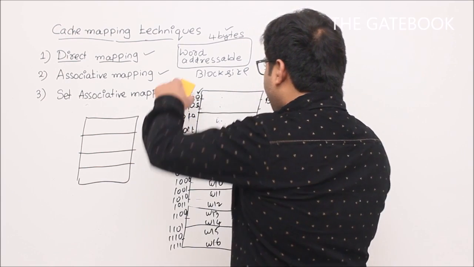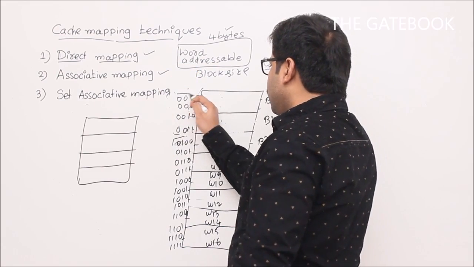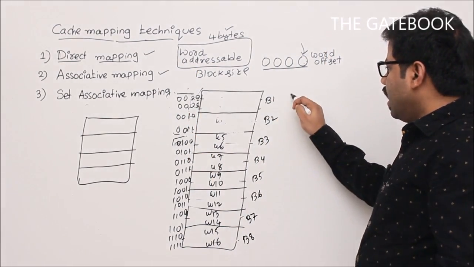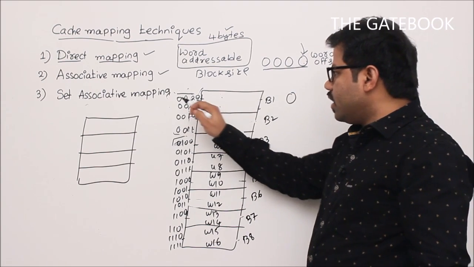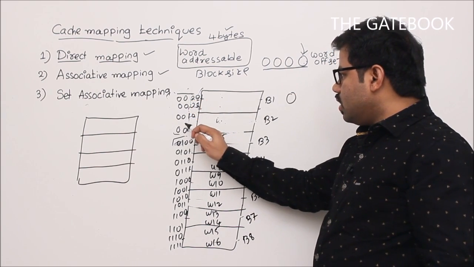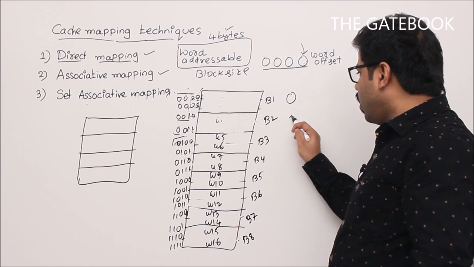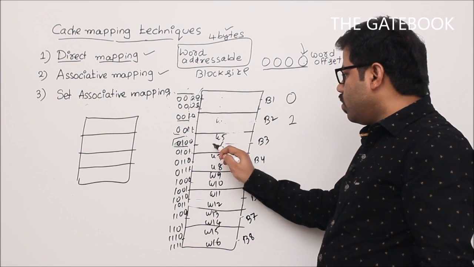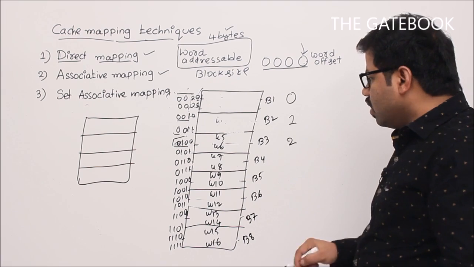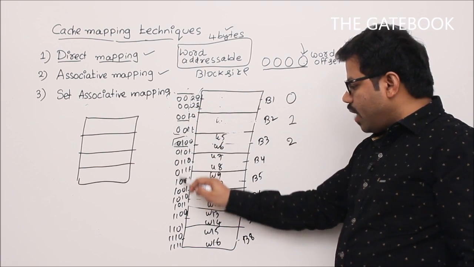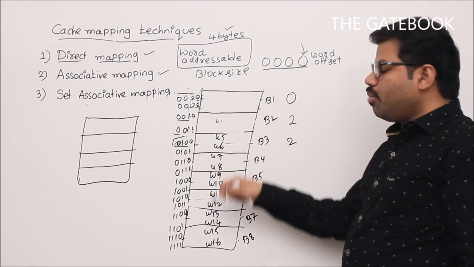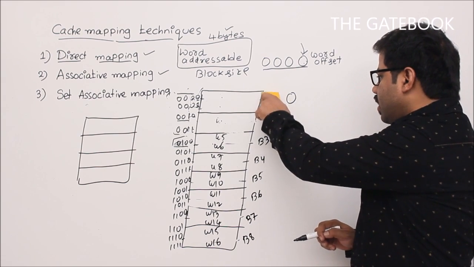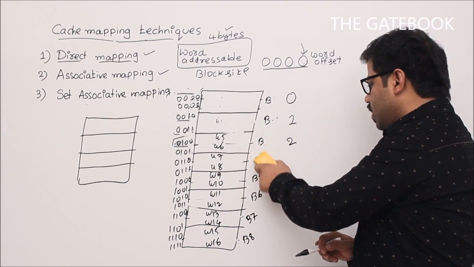If I remove the first bit, then the remaining 3 bits, convert them to decimal: 0. This one, 011, this one, 010, is block 2. Can I say one thing? The decimal equivalent of this binary pattern is just giving the block number, right? See, block 0. Let us number them like this so that it will be easy for you to understand.